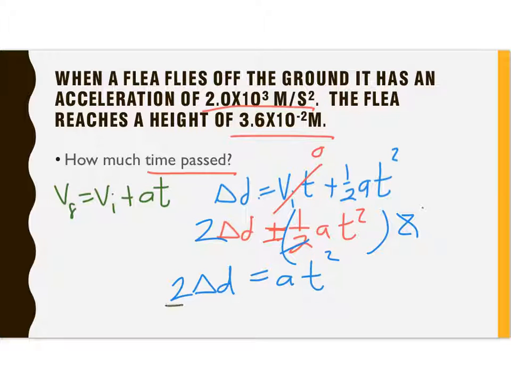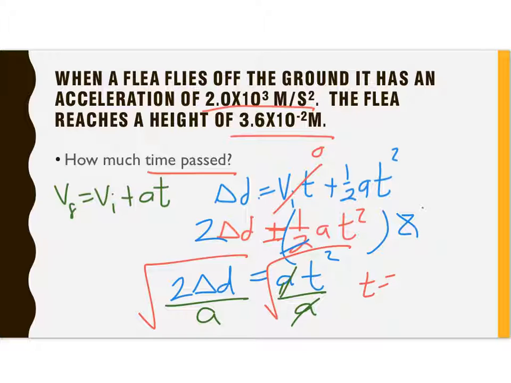I then divide both sides by a so that my a's cancel, and that gives me t squared. Then I need to take the square root of both sides, which gives me a final answer of t equals the square root of 2 delta d over a.